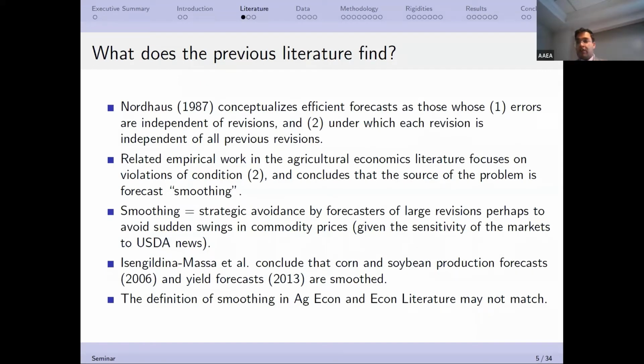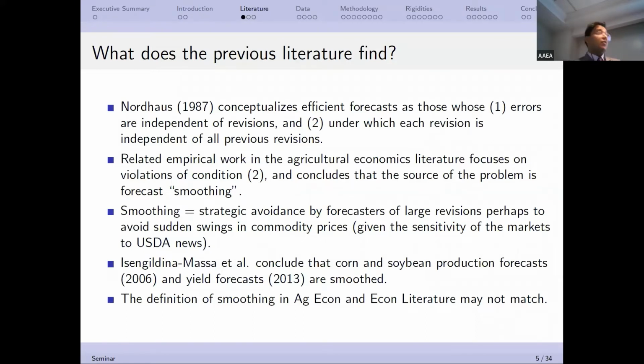Now, talking about rationality, Nordhaus in his seminal paper in 1987 conceptualized that forecasts are efficient if, one, forecast errors are uncorrelated with the previous forecast errors, and two, forecast revisions are uncorrelated with the previous forecast revisions. If these two conditions are satisfied, we say that USDA forecasts are weakly efficient. Now, most of the ag-econ literature focuses on the condition in which forecast revisions are independent of previous forecast revisions.